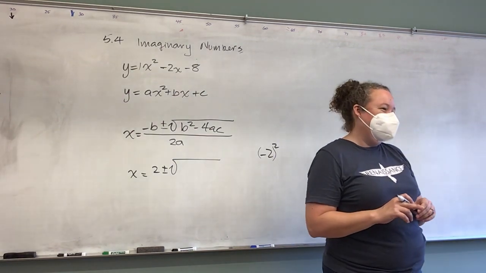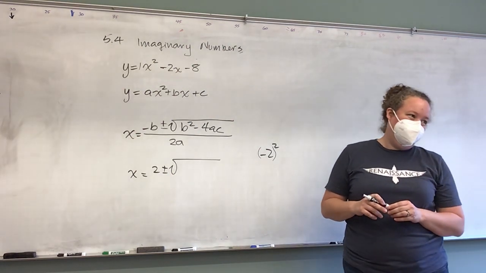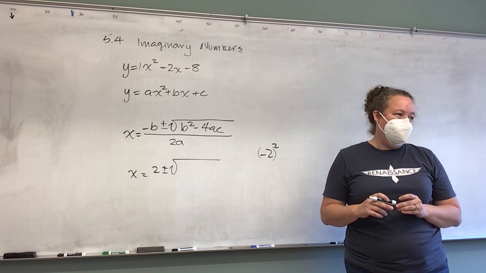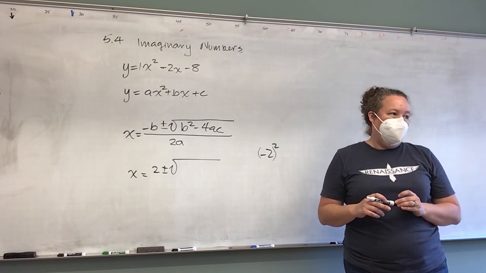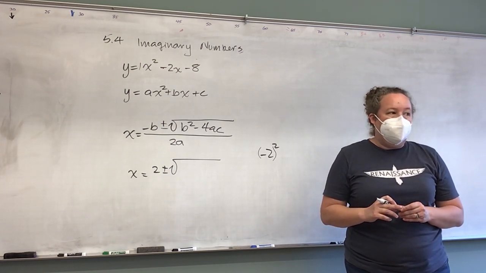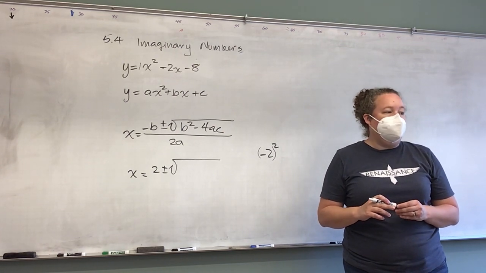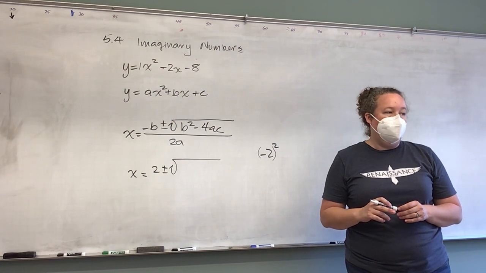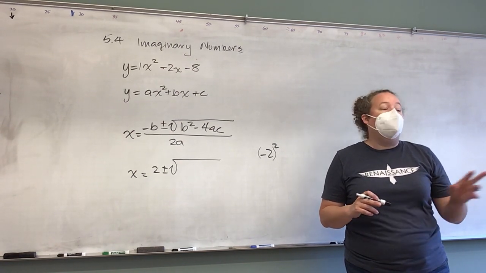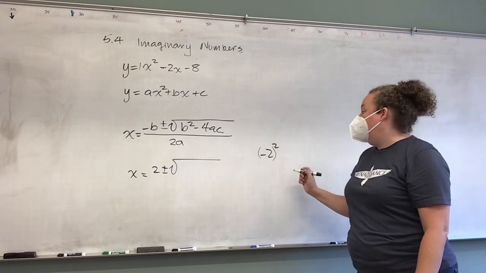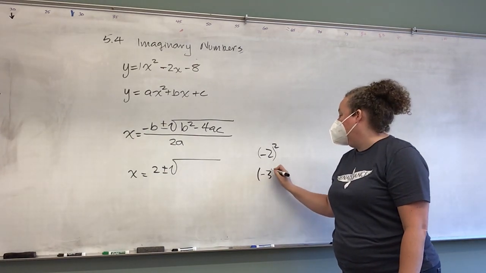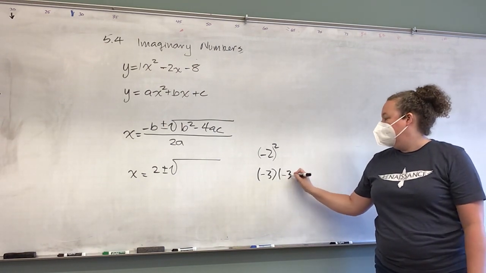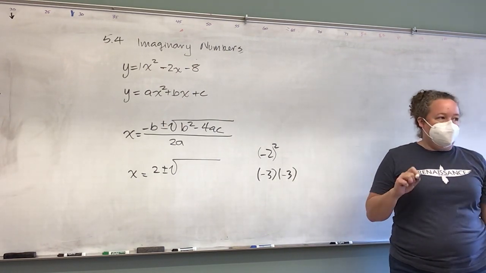Yes, Lily. So, say that I had to solve for -3 squared. Would that be -9 or 9? It does depend on how it's written. Oh, you're plugging it in. Remember, squaring is multiplying by itself.